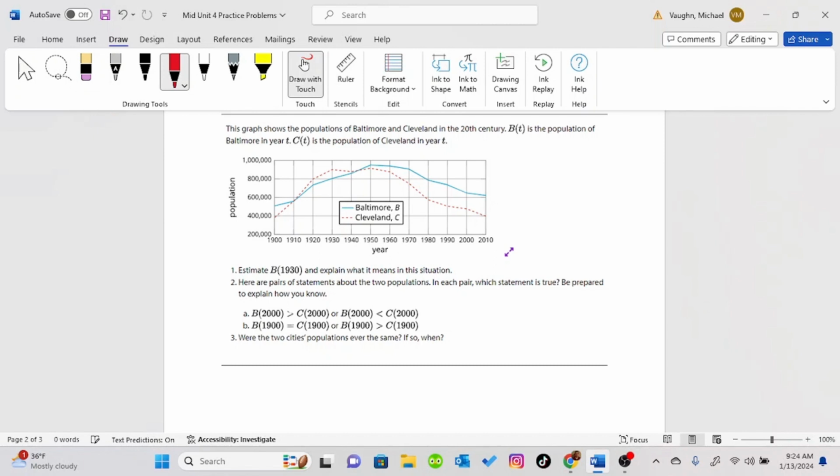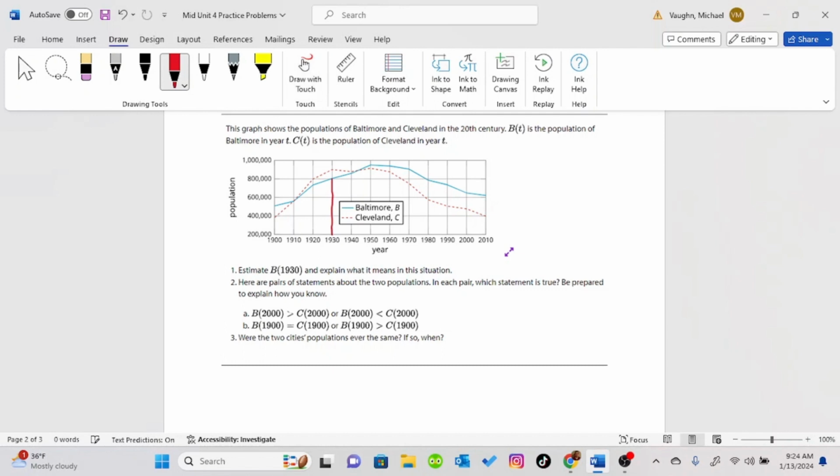So 1930 would be the input, or the x value, and B is the solid line. So we want to go where x equals 1930, and we want to go straight up until we hit the solid line.